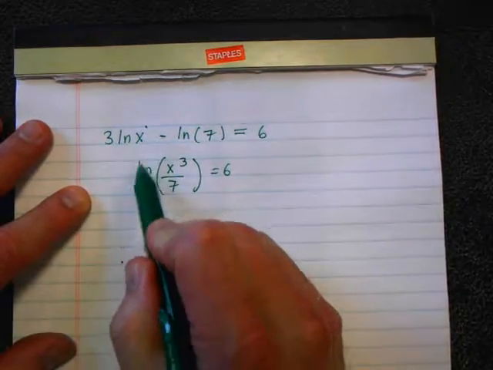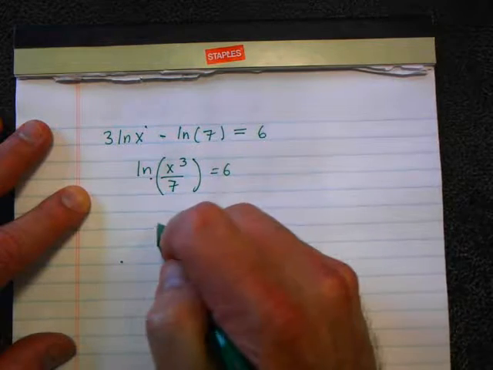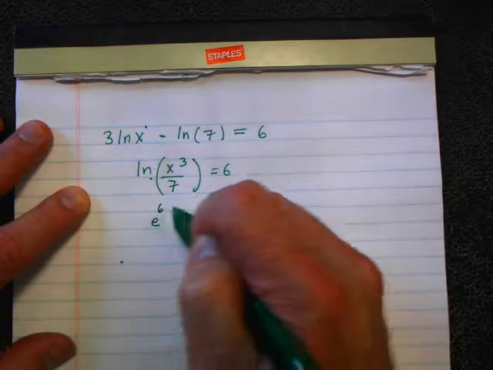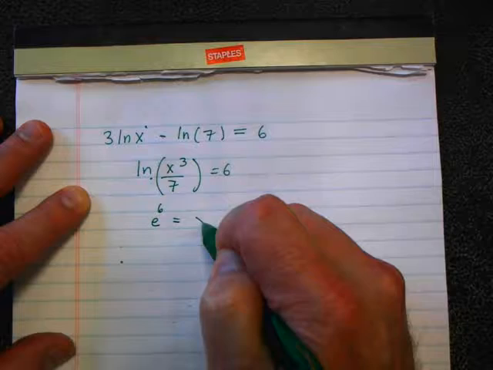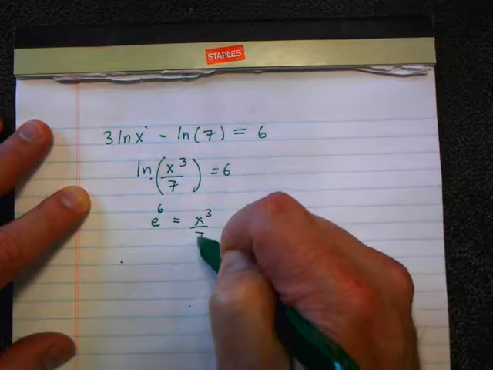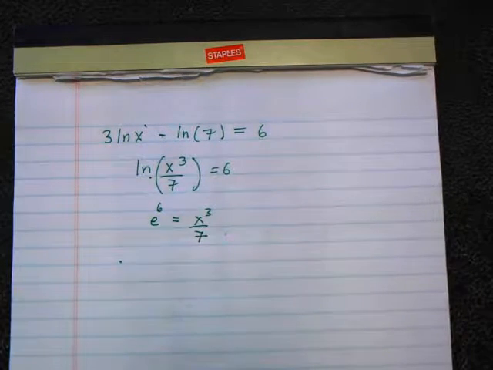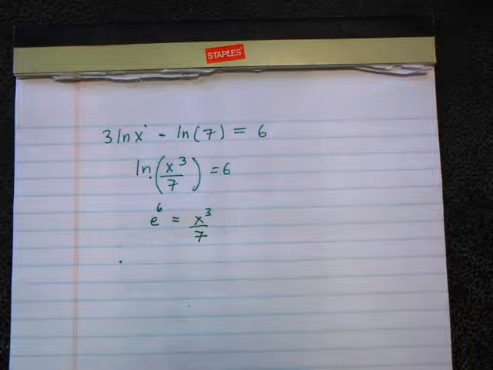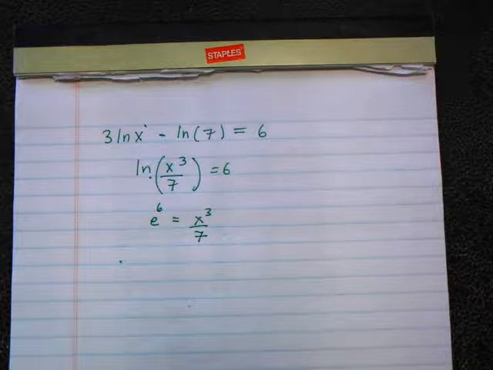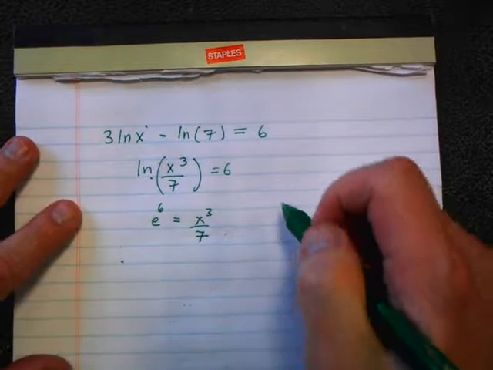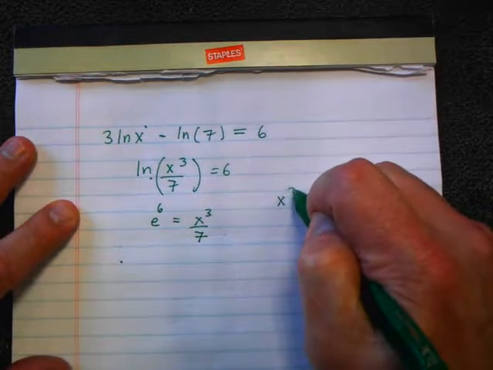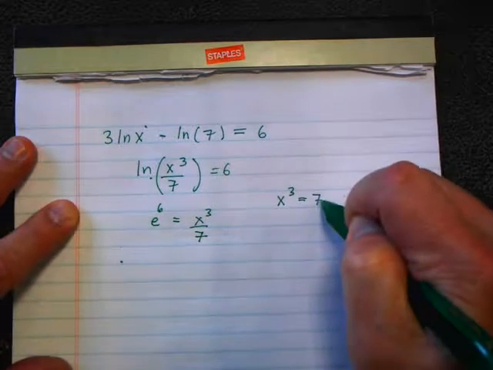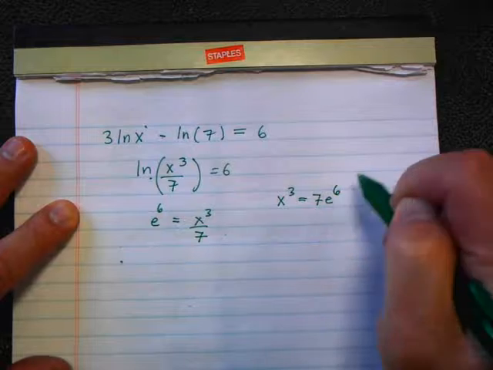You got to remember when you're using ln, your base is e. So you're going to have e to the 6th equals x cubed over 7. How do you get that x all by itself? Multiply by 7. So x cubed equals 7e to the 6th.